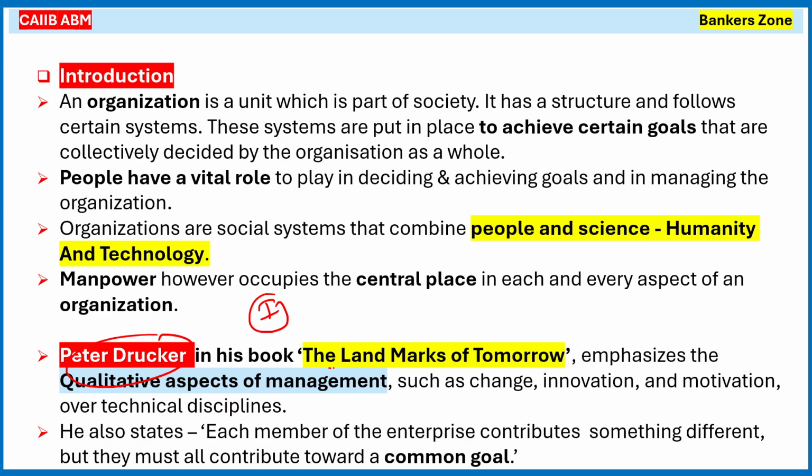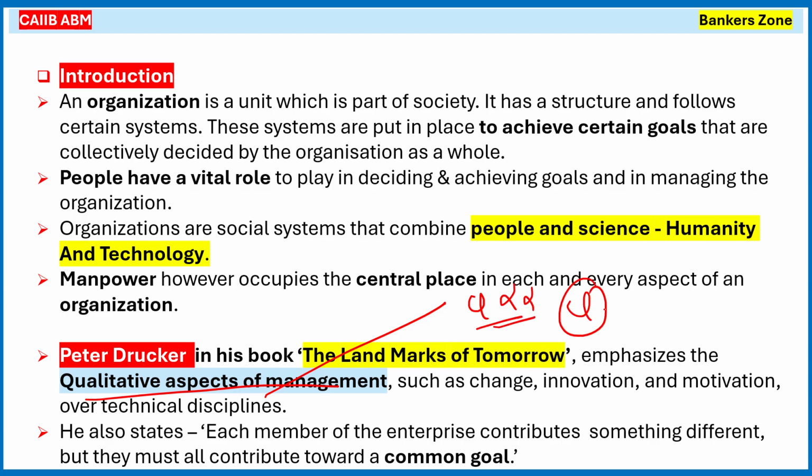What is the book? The Landmarks of Tomorrow. In his book, he focuses on the qualitative aspect of management. Means what? He thinks that only quantity is not enough. We have to focus on quality also. So qualitative management is focused on by Peter Drucker in his book The Landmarks of Tomorrow.